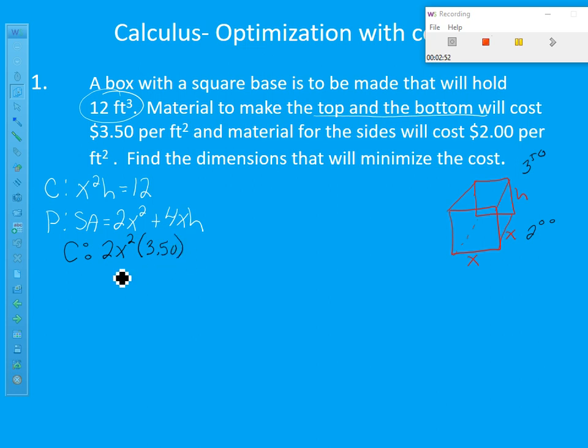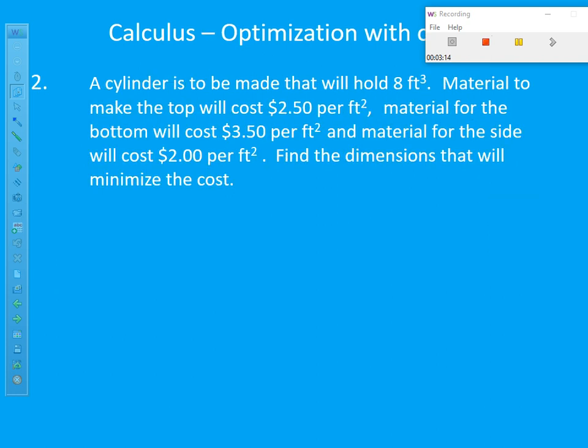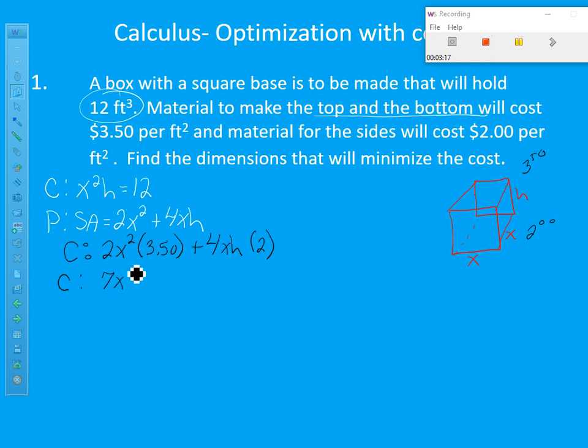So I took the area of the top and the bottom times 3.50, plus the area of the sides is 4 times x times h, and that costs $2 per square foot. Now I'm going to simplify this cost equation so that I get 7x squared plus 8xh. Now I'm going to get rid of my box so I've got plenty of room to write.